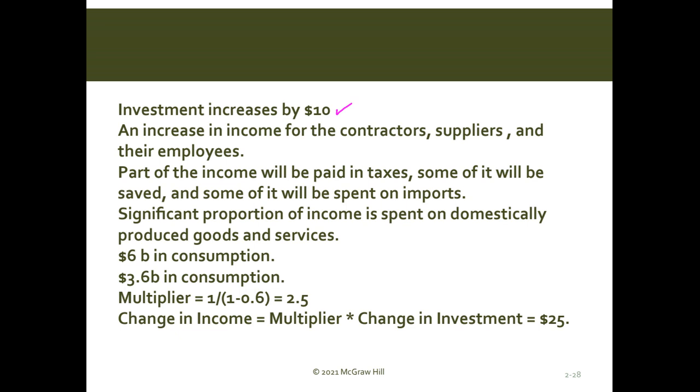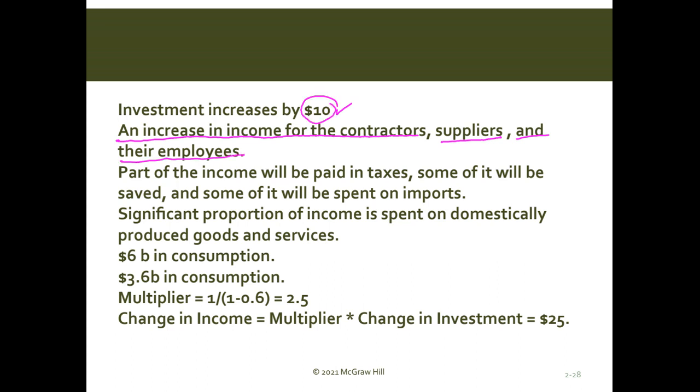So this will increase income for the contractors, suppliers, and their employees. All these people will receive this $10 million, which is basically the income of these workers, contractors, suppliers, and their employees.